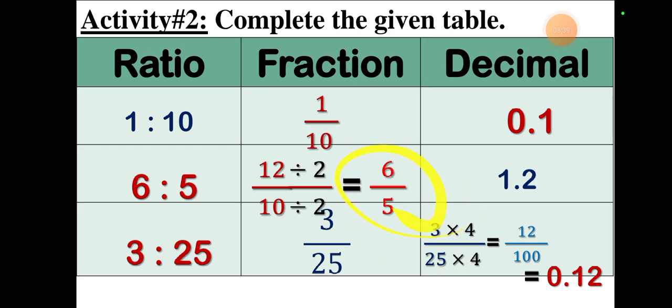Now I have to make it a decimal fraction, so I multiply 5 by 2 and 6 by 2, and I get 12/10. That means it's a decimal fraction, so I can make it a decimal, 1.2. Then 3:25 means 3/25, and I'll multiply it by 4 to make it 12/100, and then I'll get 0.12.